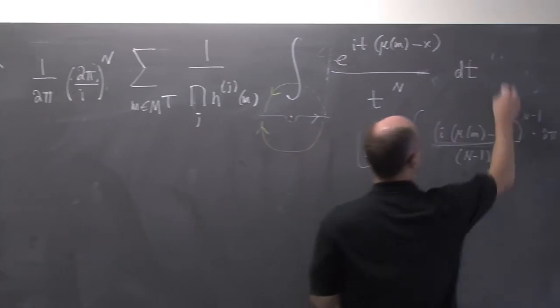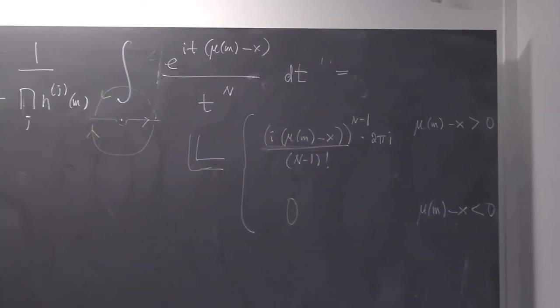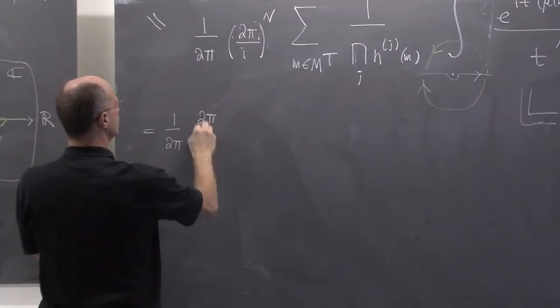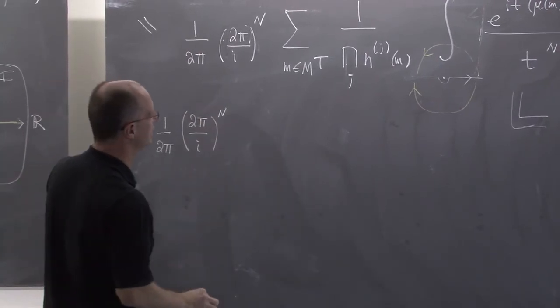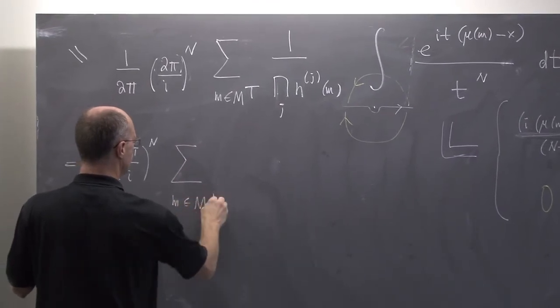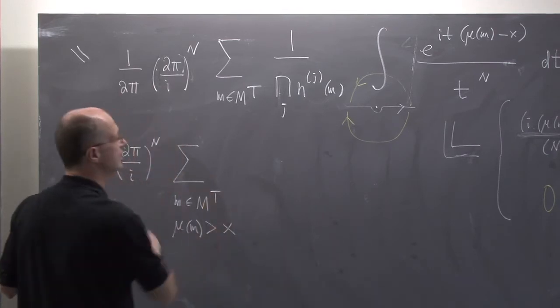So now what does it give? It gives 1 over 2 pi over i to the power n. And here the sum over m in M^T, but now mu of m greater than x.